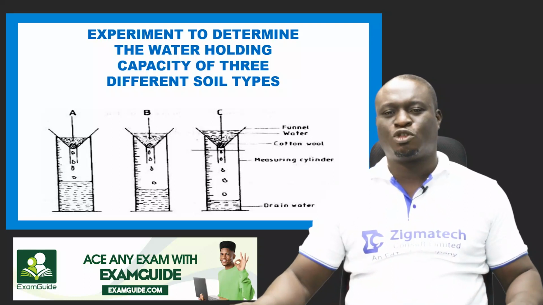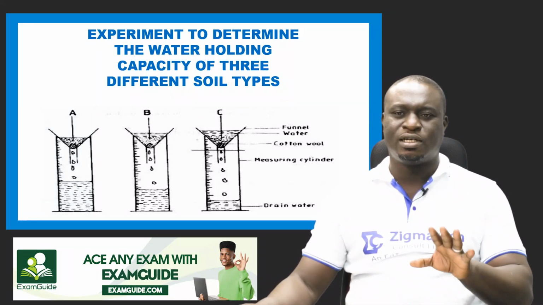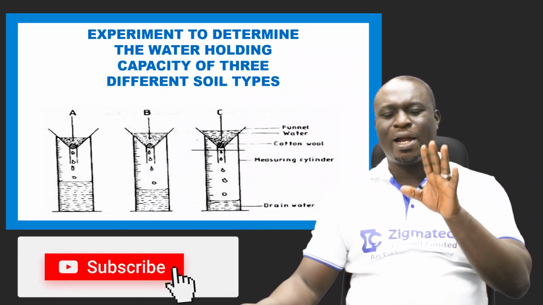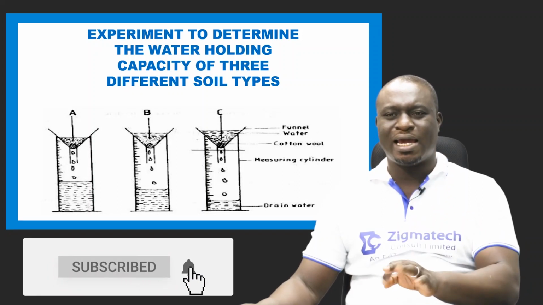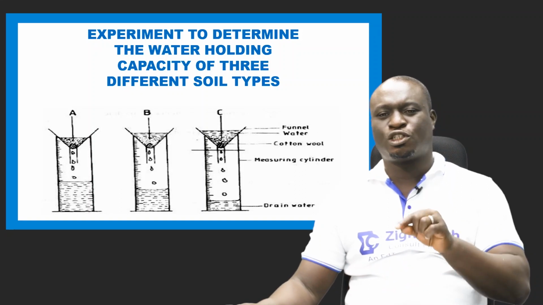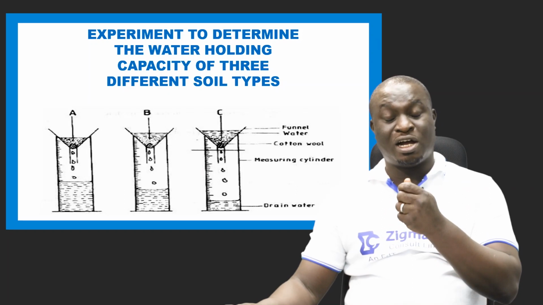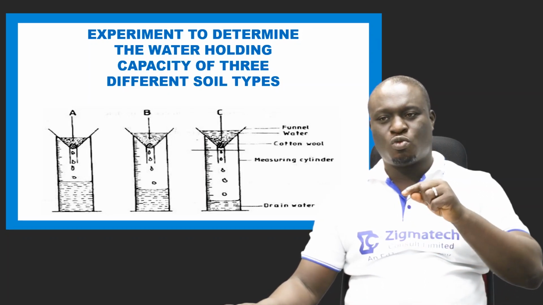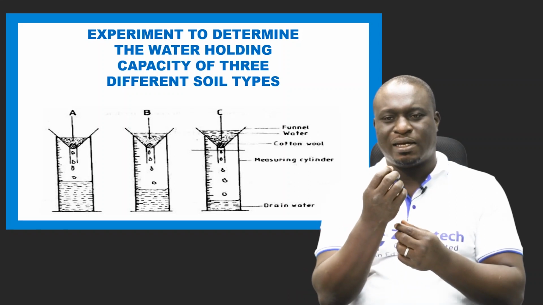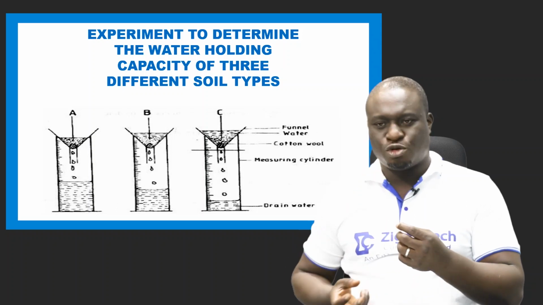Now let's move ahead to look at how to determine the water holding capacity of these three different soil types. As you can see on the screen, we have soil A, B, and then C. You'll see that in each funnel, we used cotton to block the mouth of the funnel so that the soil will not pass through it.